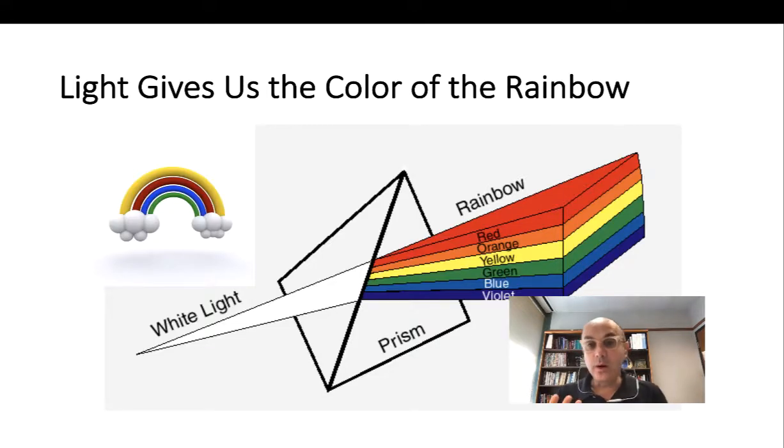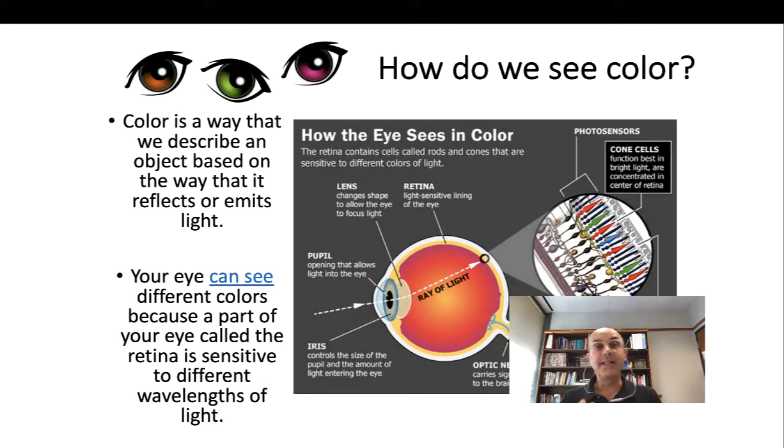And so one of the things that we like to talk about is the rainbow, and the rainbow has several colors that are always displayed in it. And so the issue is, how do we see colors? We see different colors because parts of our eyes are sensitive to different wavelengths of light, and as a result we see those types of colors.